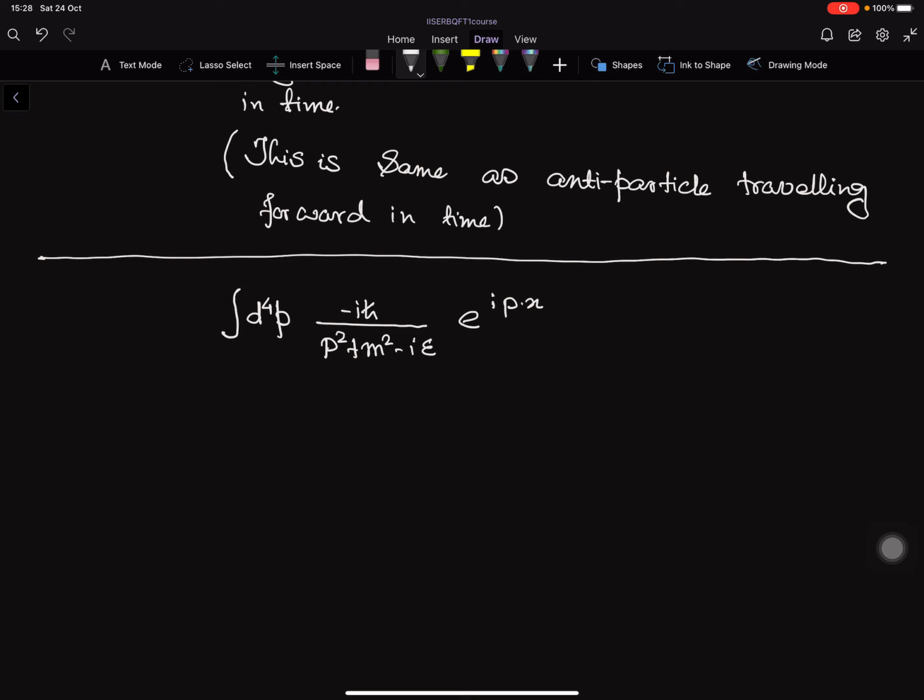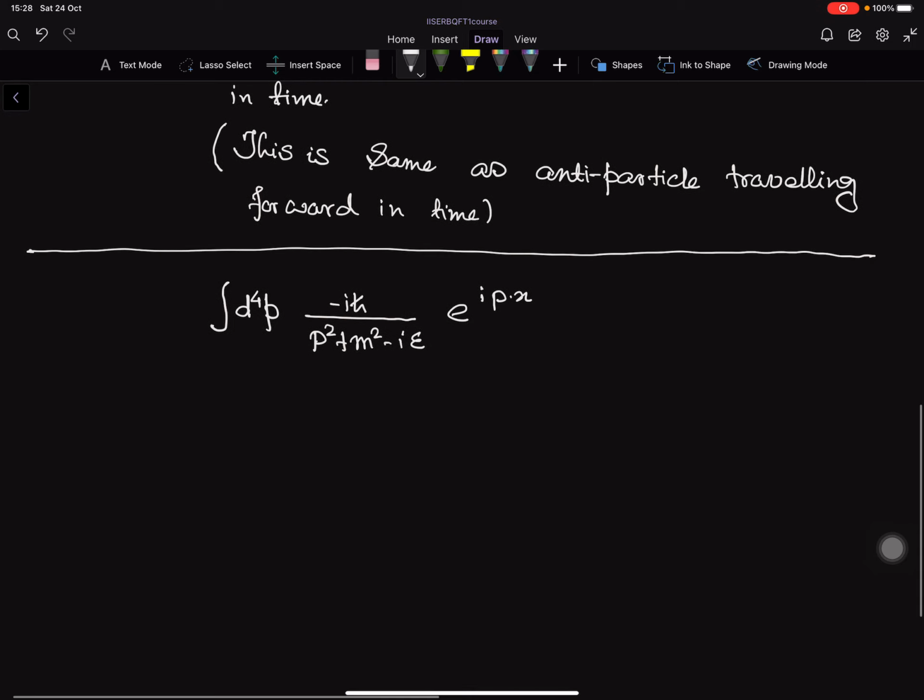Now this thing in the energy axis, we will discuss the poles in the energy plane, so let's draw the diagram.